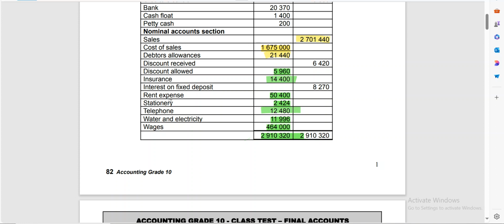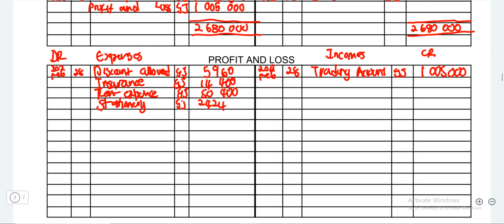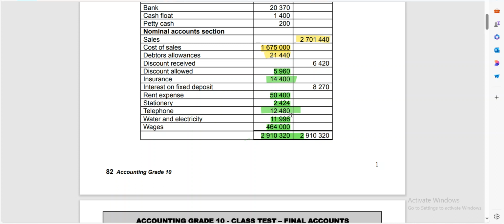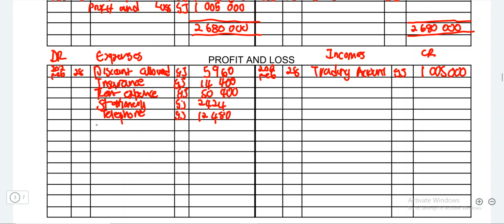Then remember you also have telephone for 12,480, so you also write it, telephone for 12,408. And then from there you proceed with whatever you'll be given. Then after that we have water and electricity for 11,996, so you are going to proceed with it, water and electricity, general journal, 11,996.